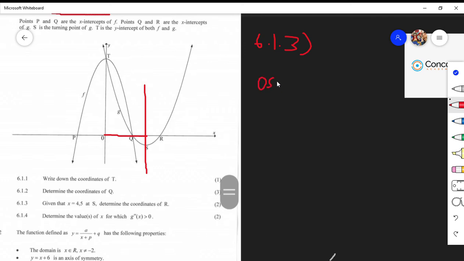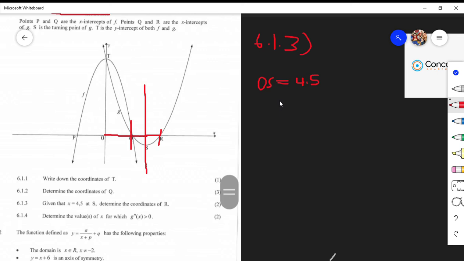OS is equal to 4.5 units. They want us to determine the coordinates of R. So we know that when we deal with turning points and intercepts, the distance from our intercept on the left to our turning point is the same distance from our intercept on the right to our turning point in the middle.